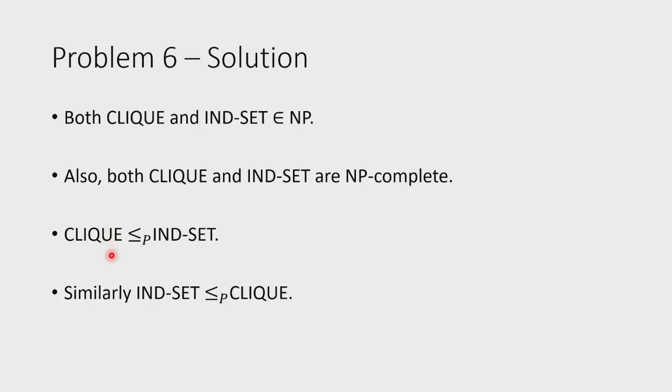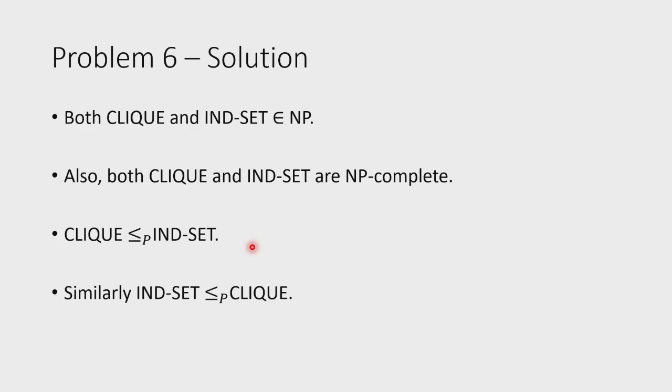It is not necessary that the reduction is two-way; we would come to that question later, in the next question. For now, clique is in NP and independent set is NP-complete. Therefore, by the definition of NP-completeness, clique reduces to independent set. Here we are not even talking about what the reduction is. We are just saying that a reduction exists. Is this clear?